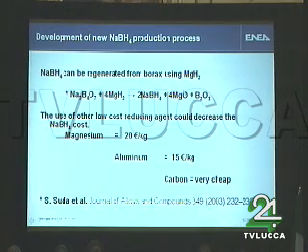Sodium borohydride can be regenerated from borax using magnesium or other less expensive compounds such as aluminum or at least carbon, that could be the ultimate way to obtain low-cost sodium borohydride. We are studying in this direction, but we only have preliminary results.